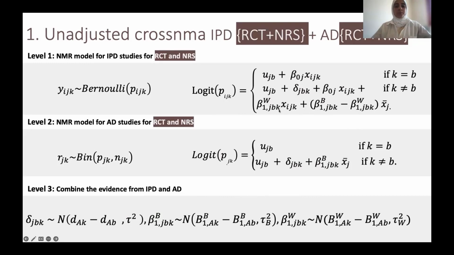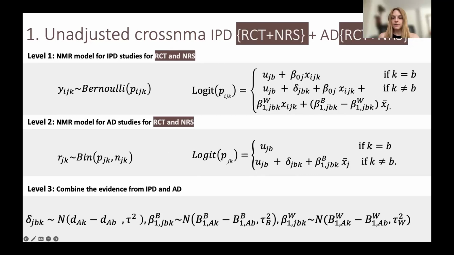We split the within study from the between study coefficients because we want to handle the aggregation bias. Beta W we can estimate only from the IPD data because we can access participant data, but we can't estimate that from the aggregate data.